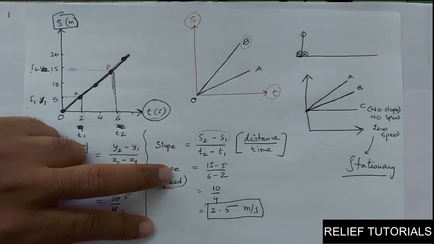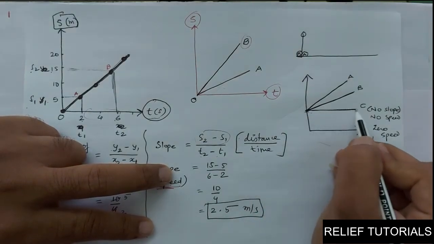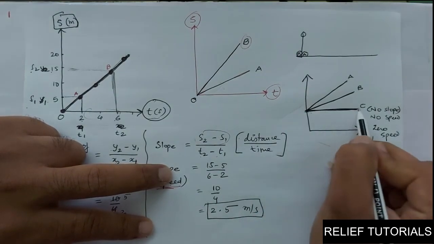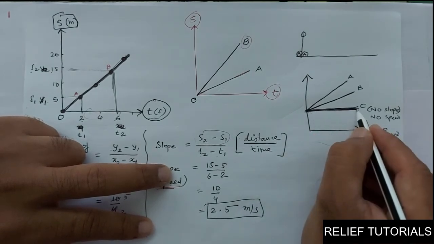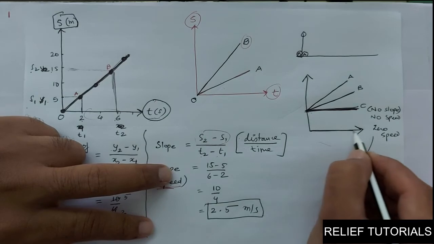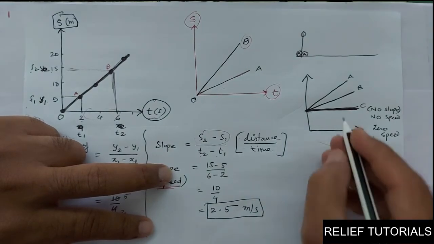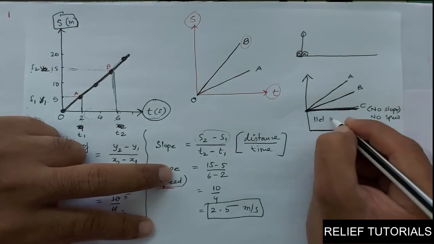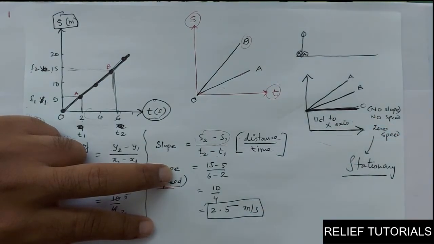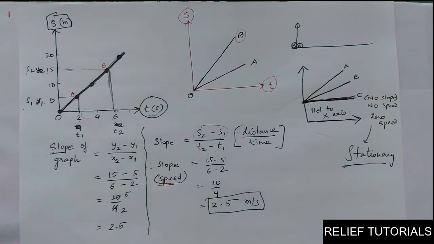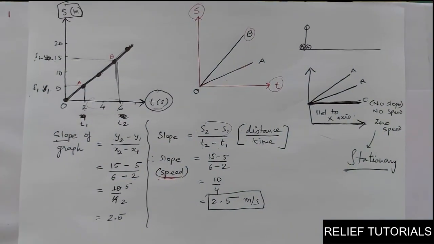So one more thing we found: if the graph of a particle is exactly horizontal, meaning parallel to the x-axis, then the particle is stationary.